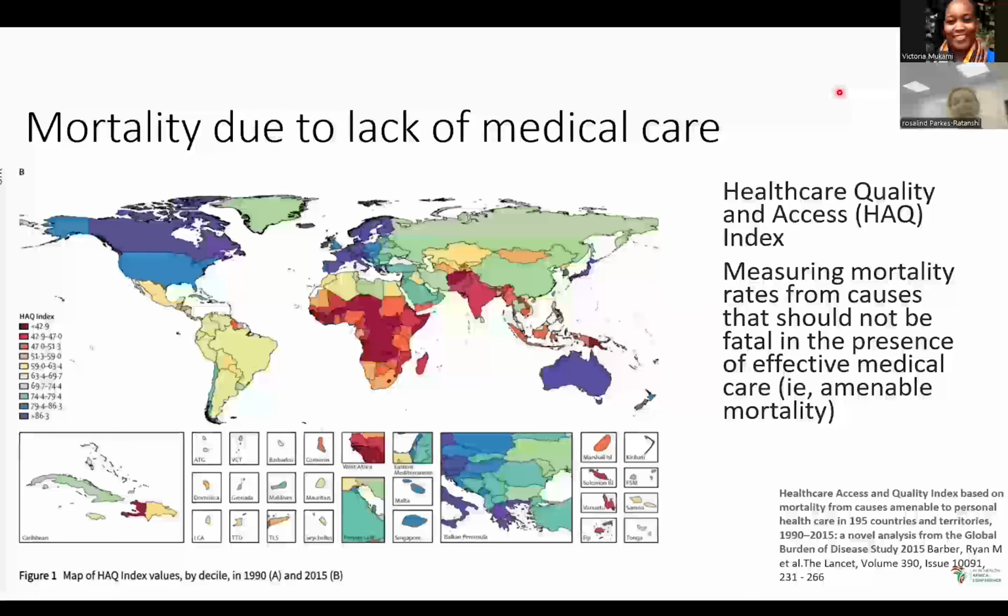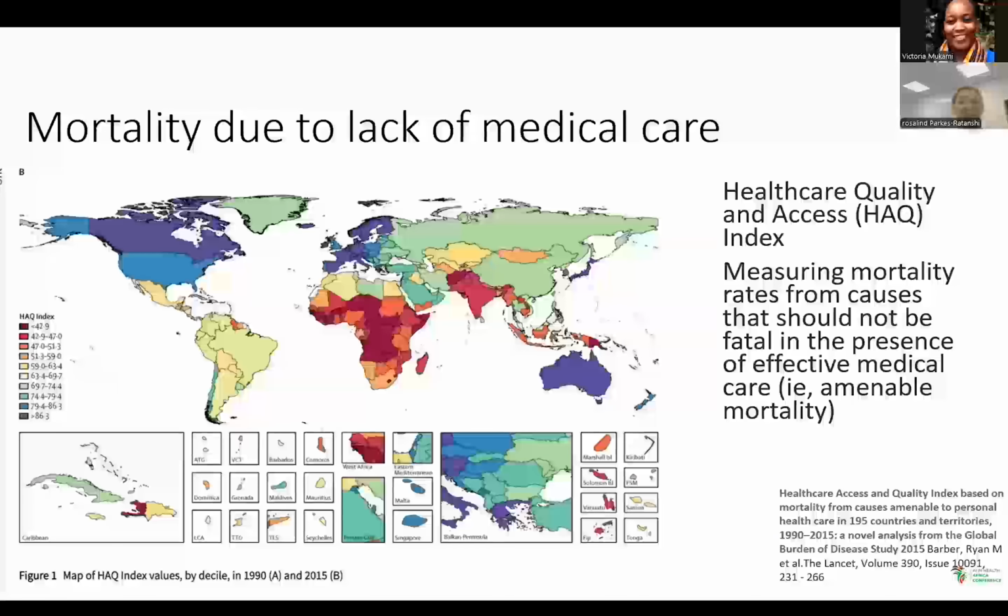Some of this mortality is to do with poverty and global health inequalities that we'll be talking about in a minute. But some of this is to do with access to healthcare. So when we look at this map, what this is trying to do is look at access to quality healthcare dependent on mortality.